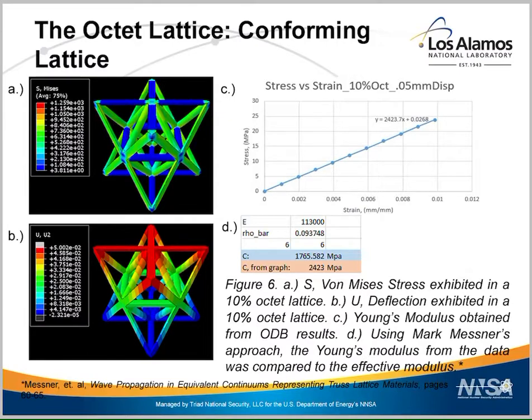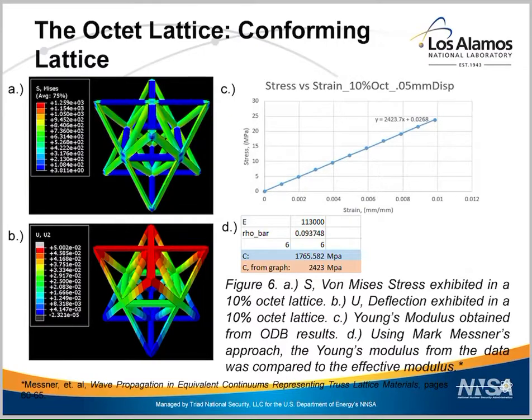In essence, this model will act as if there are octet unit cells of the same size and relative density extending infinitely outwards from the faces in the positive and negative X, Y, and Z directions.